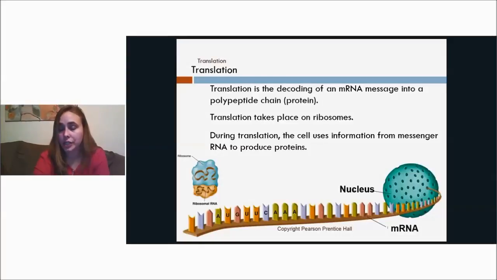All translation takes place at ribosomes. Either the ribosomes are free-floating or connected to the endoplasmic reticulum. And during translation, the cell uses information from the messenger RNA to produce the proteins. The messenger RNA tells them which amino acids to link up in which order.